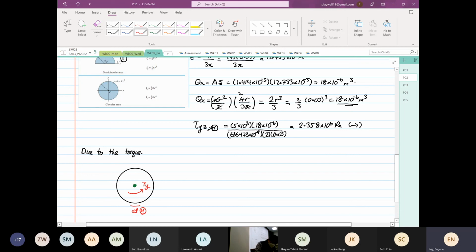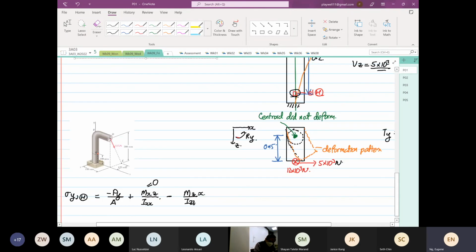So the shear stress, again YZ at point H, is equal to Ty multiplied by the radius divided by J. Ty we found, and I could not remember what our Ty is.